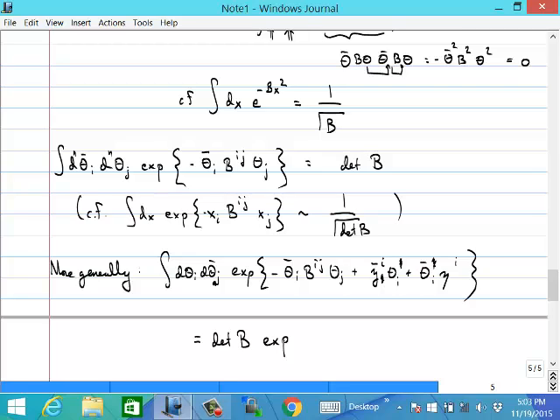You use the fact that the integral measure is invariant under shifts of x to x plus y, and then you just get the term that you extract from completing the square, which is the exponential of, well, in this case, it would be eta bar I B inverse ij eta j.